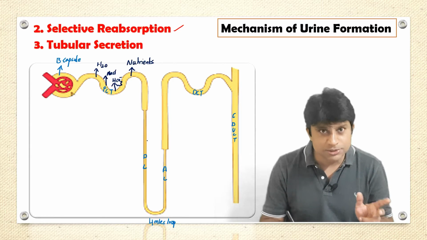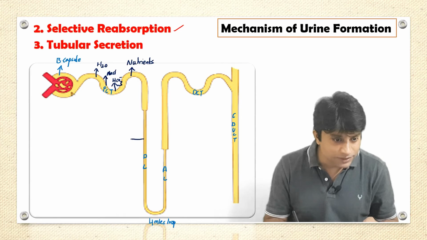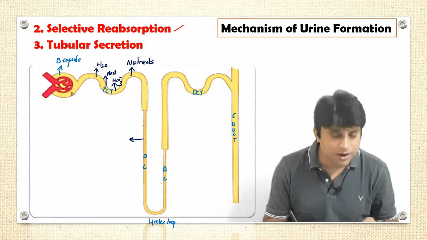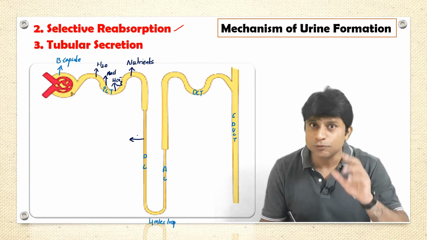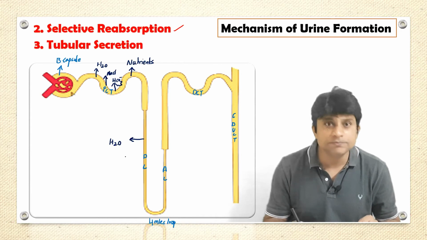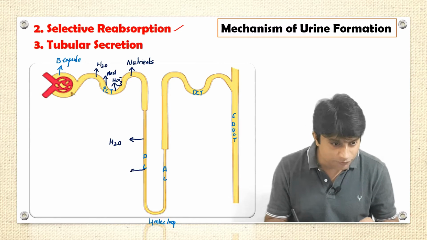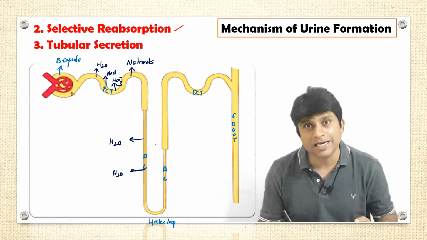Henle's loop has two limbs, the descending limb and the ascending limb. The walls of the descending limb are permeable to water and almost impermeable to electrolytes. As a result, reabsorption of water occurs from the descending limb.